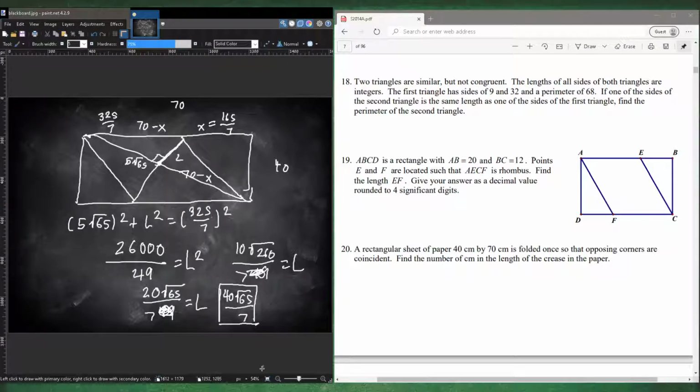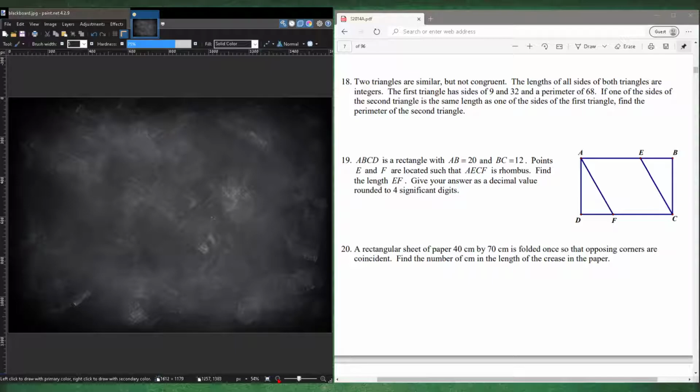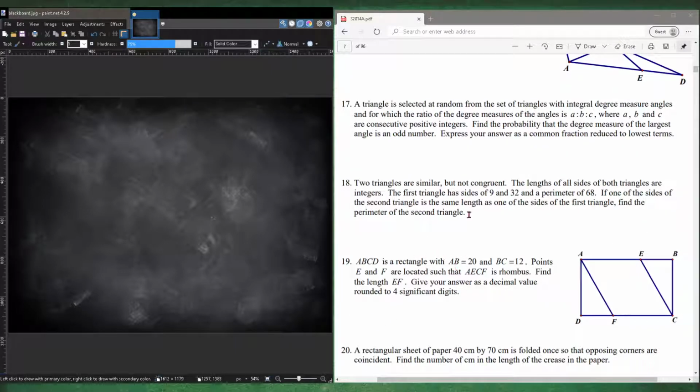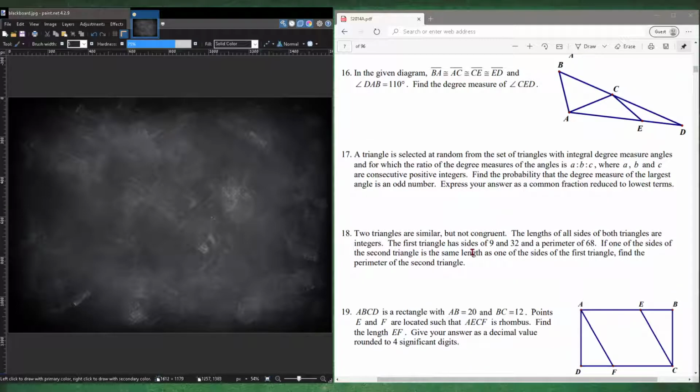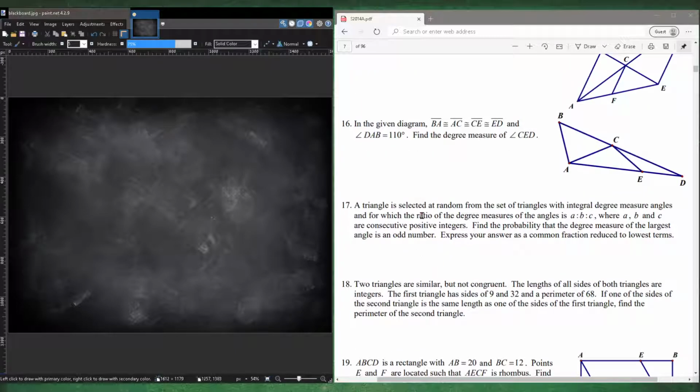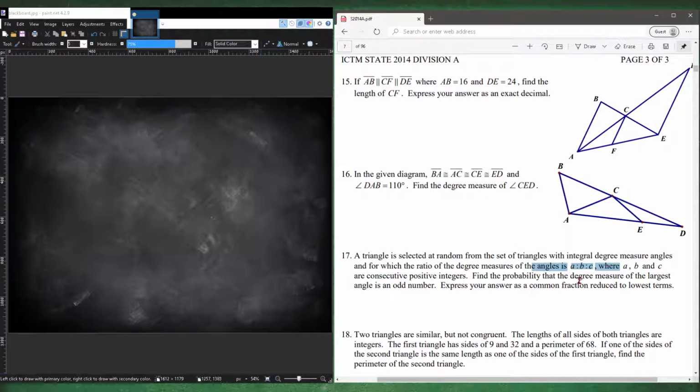Okay, and that covers everything for our 2014 Division A geometry. So, overview, basically know your properties of your shapes, the basic ones even, and your special right triangles, which is the 45, 45, 90, and your 30, 60, 90 triangles. Understand ratios, basically.